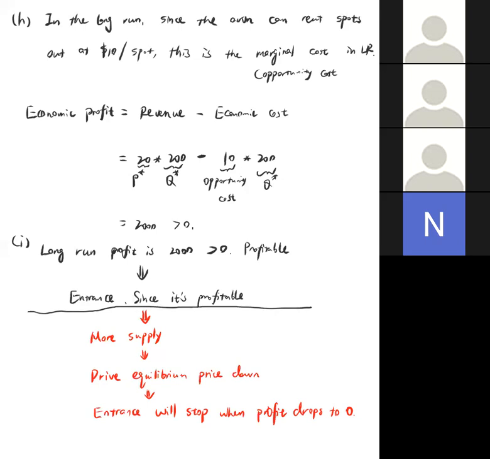Part J asks, what is the long run price that clears the parking market? How many parking spaces will there be in the long run? I'll just call these values PL star and QL star to differ from the short run equilibrium price and equilibrium quantity.